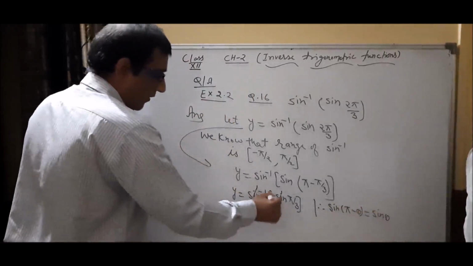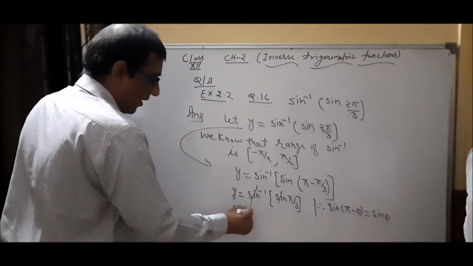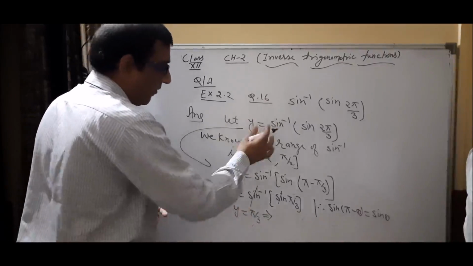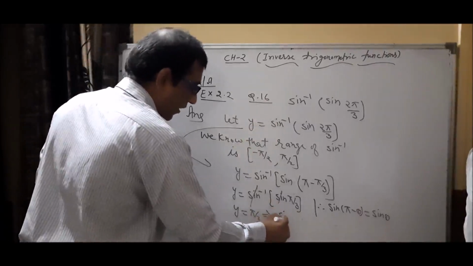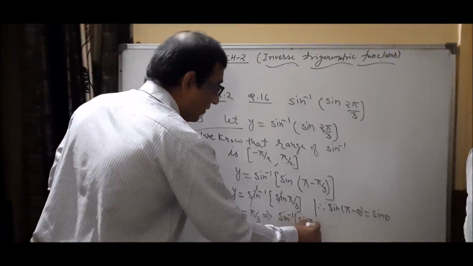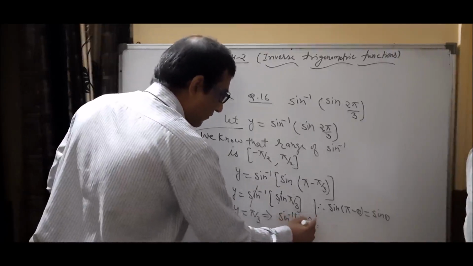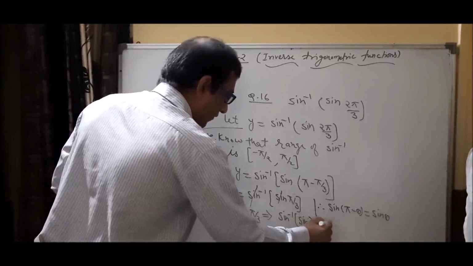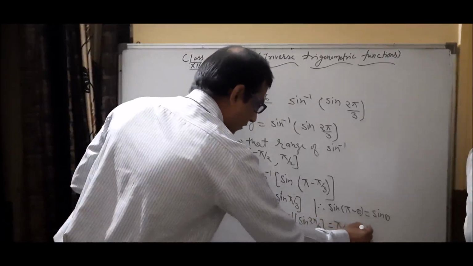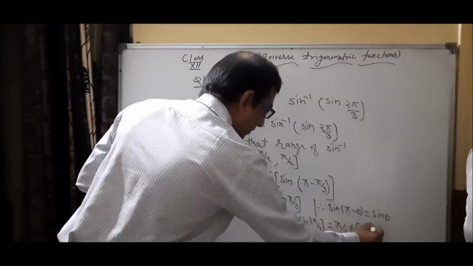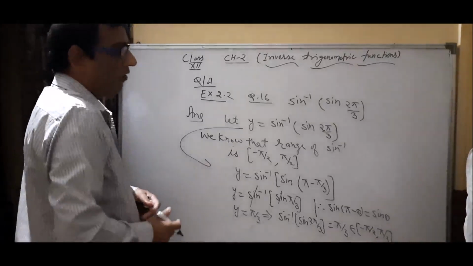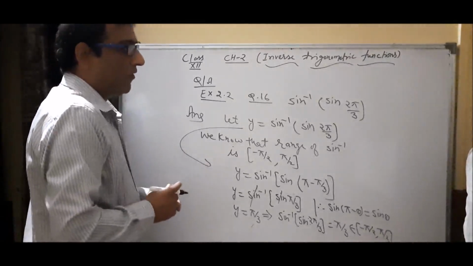So sine inverse cancels with sine, and we get y equals pi by 3. Putting the value of y, sine inverse sine 2 pi by 3 is equivalent to pi by 3, and pi by 3 is a member of that particular range of sine inverse. So this is the way of solving the question related with principal value branch.